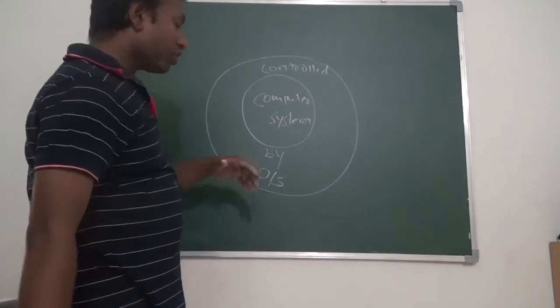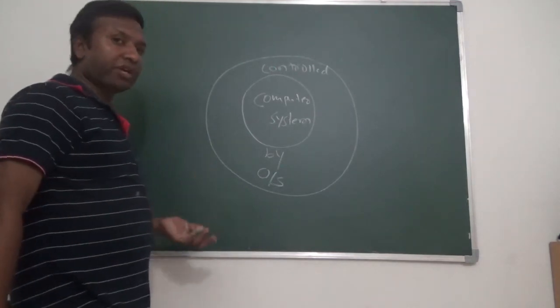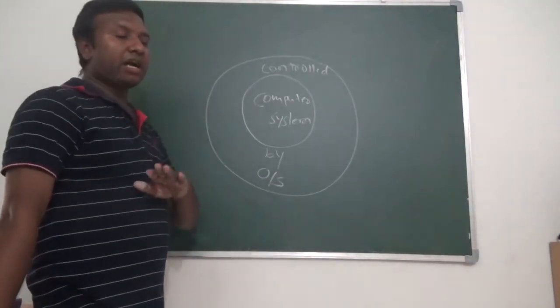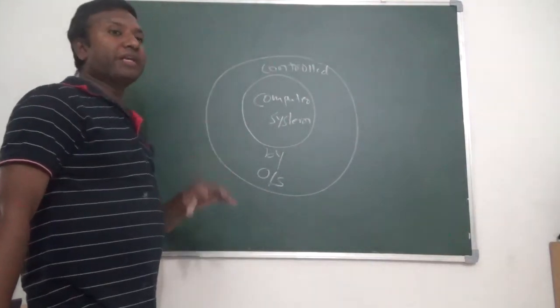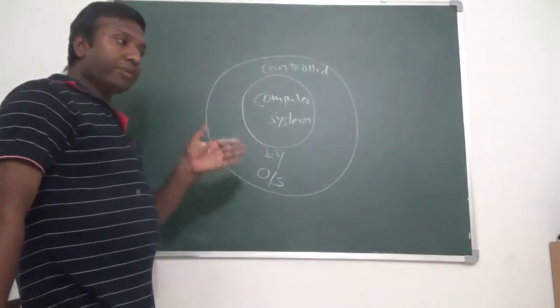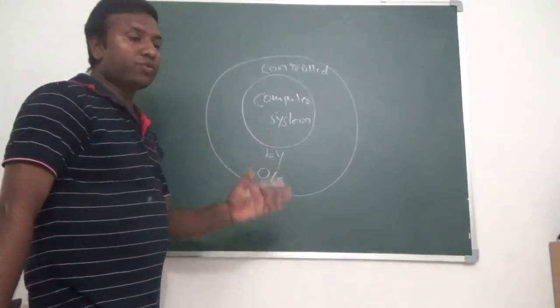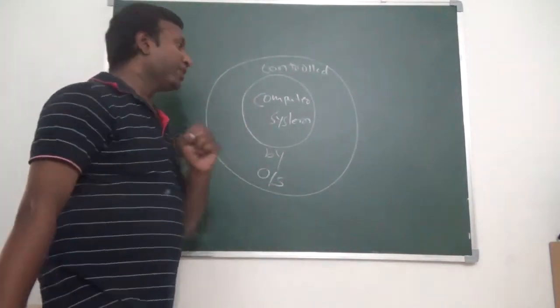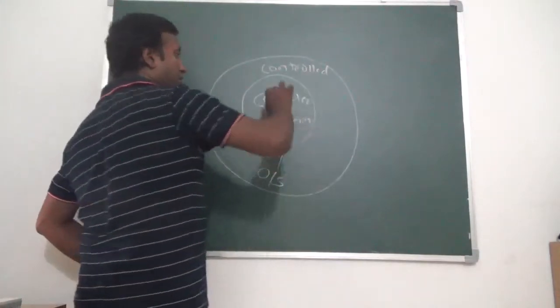And there is one important feature of the OS. The OS is providing a platform for application software. And through the application software, the user is using the computer system.